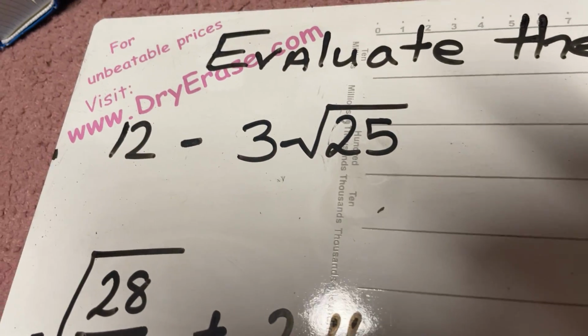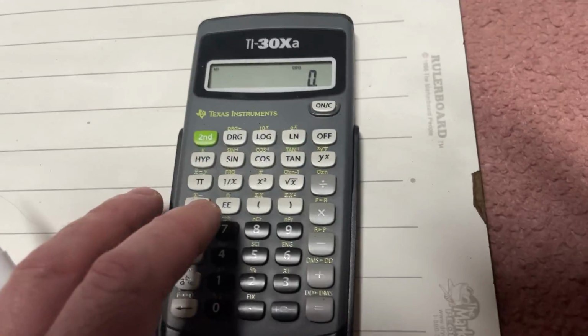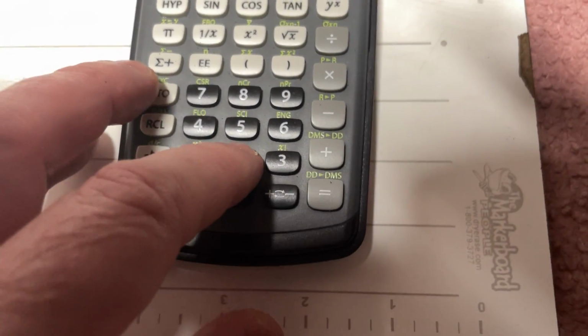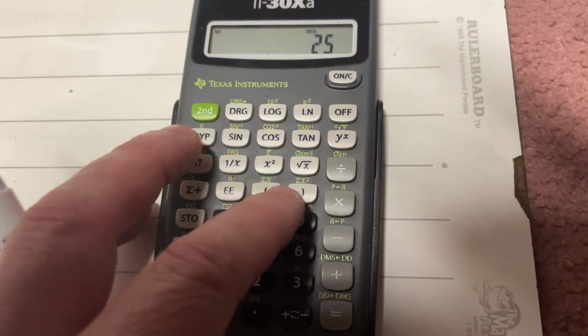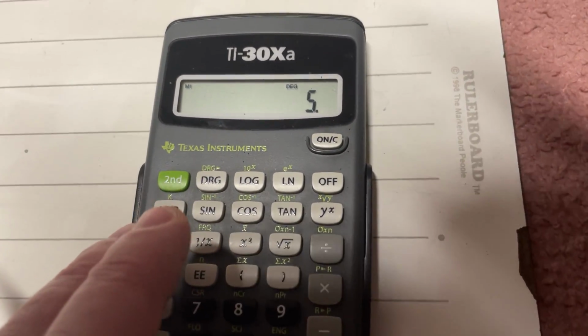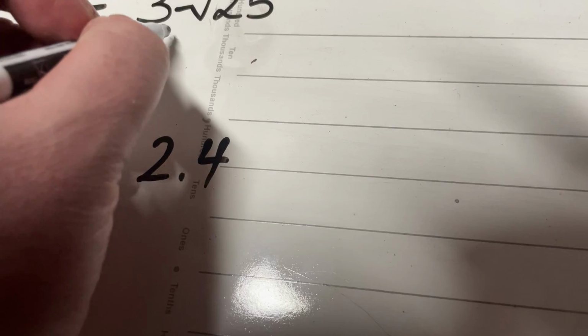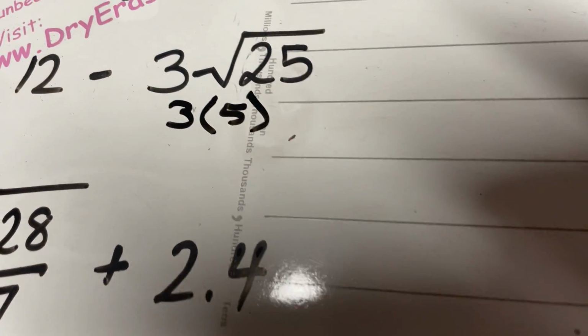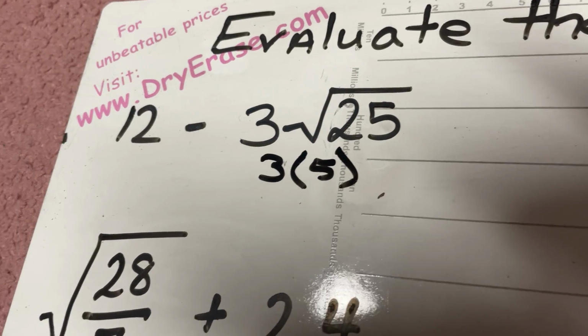Since we're dealing with the square root of 25, I'm going to type 25, square root, and that makes 5. So essentially this means 3 multiplied by 5, and 3 multiplied by 5 is 15.